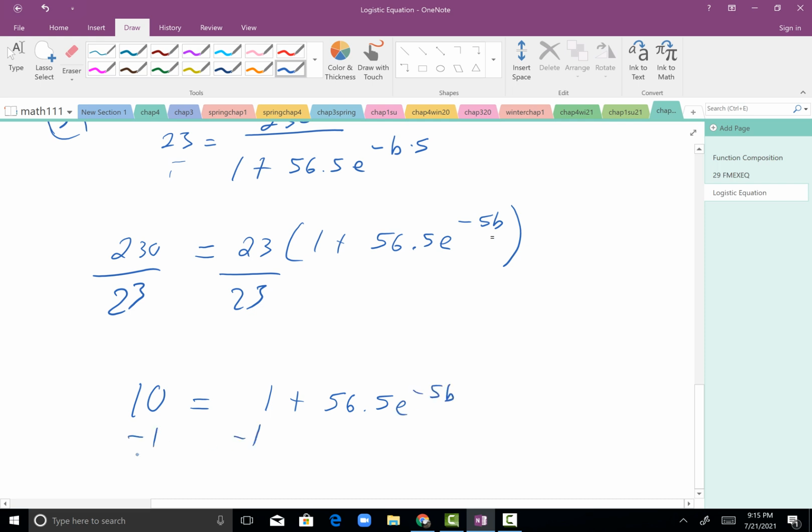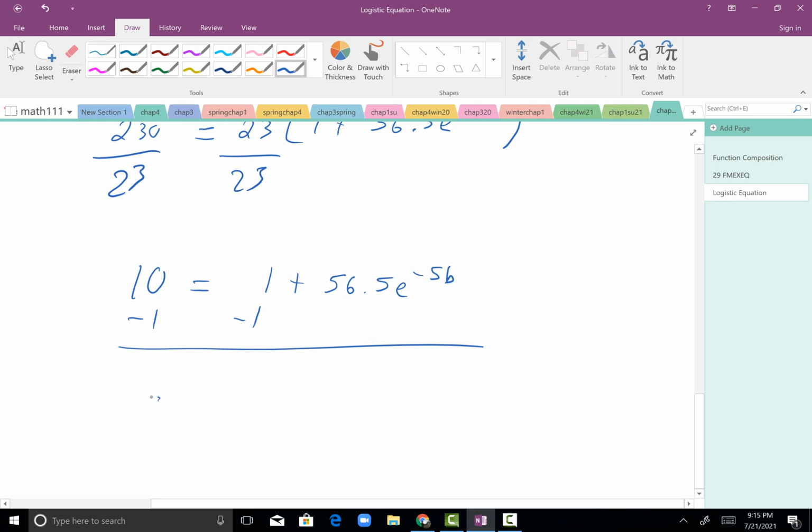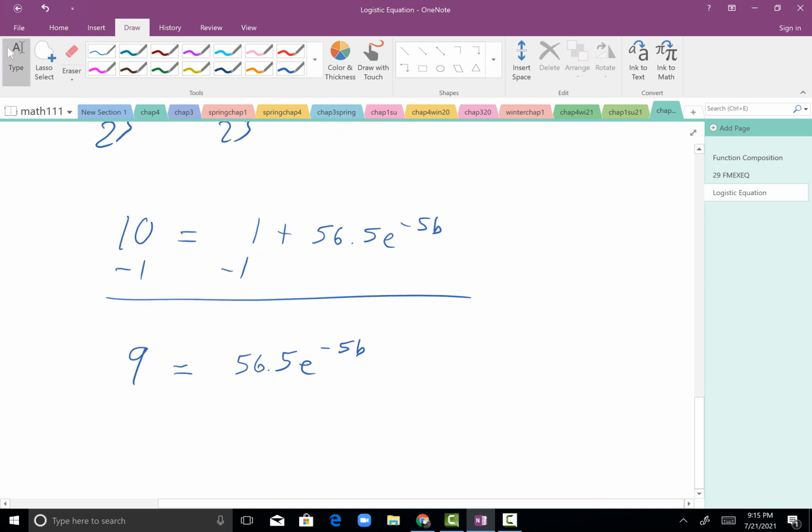Subtract that 1 out of there. And I got it down to this. So here I am back at the situation where I could use a definition. I could use the log of both sides. I can even break this down more, which I think I will.